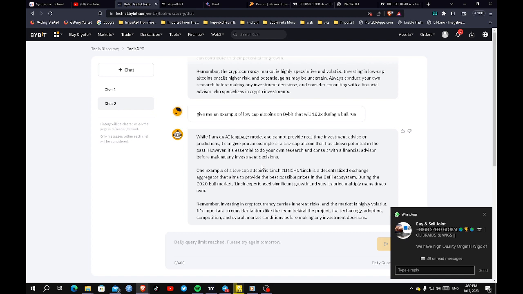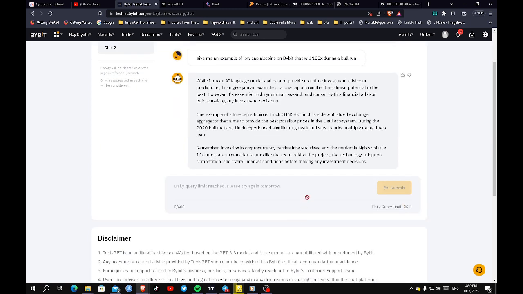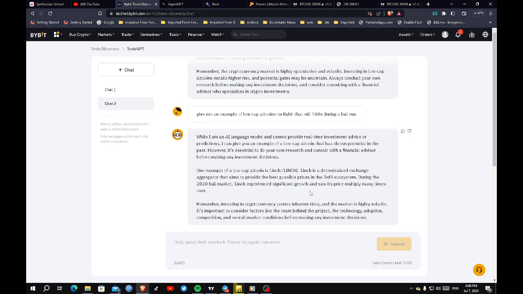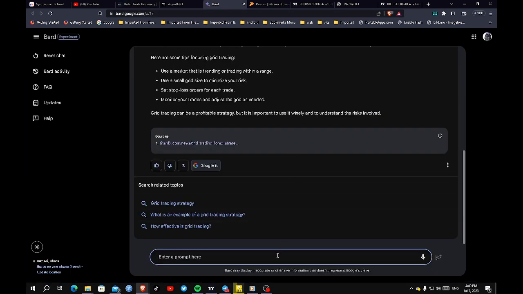But there are also other ways of doing fundamental analysis using ChatGPT. We've run out of queries, we exceeded the limit, so use Bard. You can use ChatGPT in so many ways. You can use it to understand the technology.